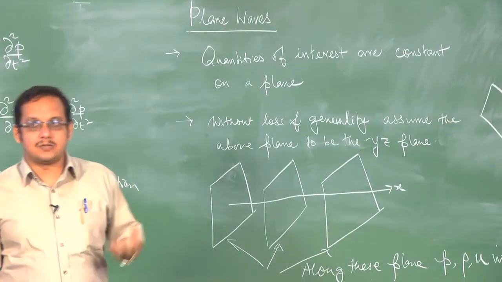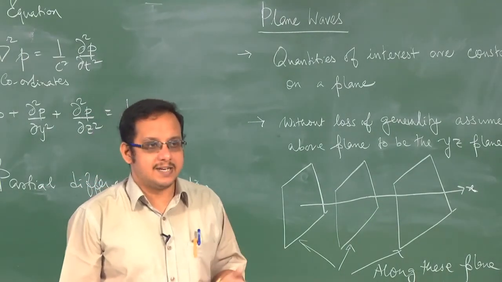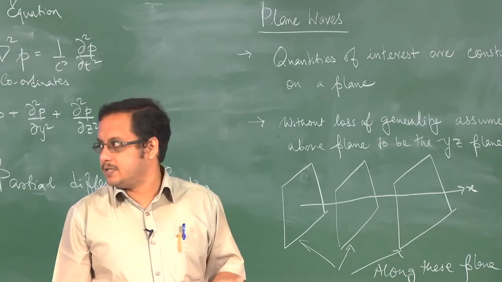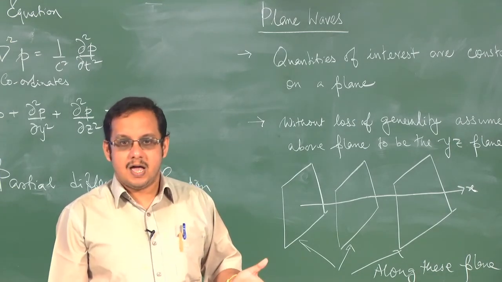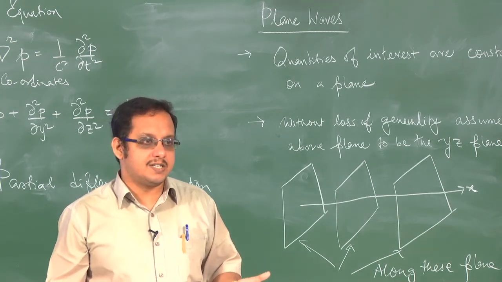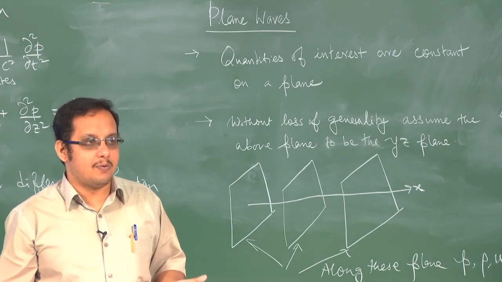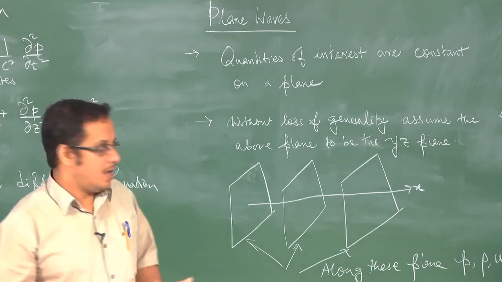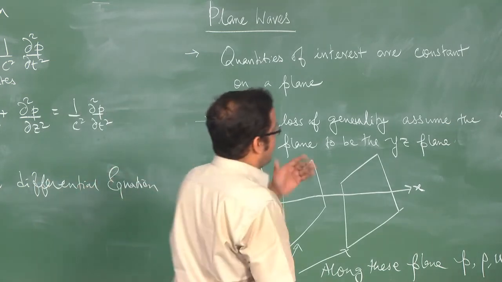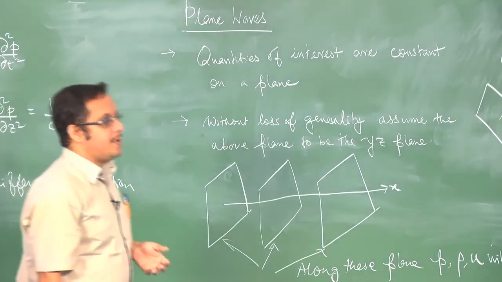The only associated assumption is that, as the name suggests, all the variables of interest are constant along a plane, right. And since the choice of coordinate directions is arbitrary, you can choose this plane to be exactly the y z plane and choose the x direction along the direction wherein the quantities do change, right. So, this is a plane wave.